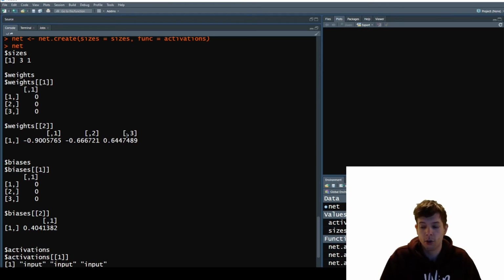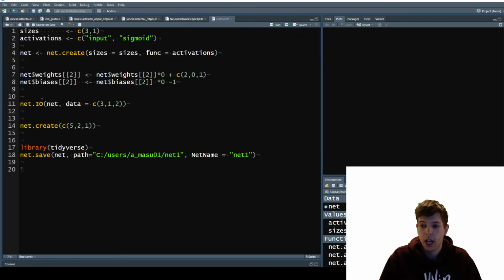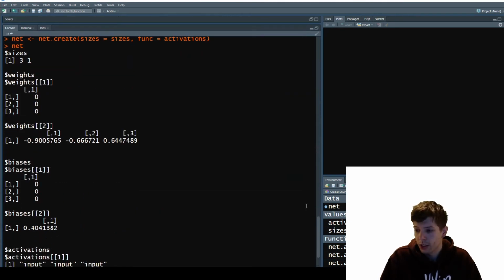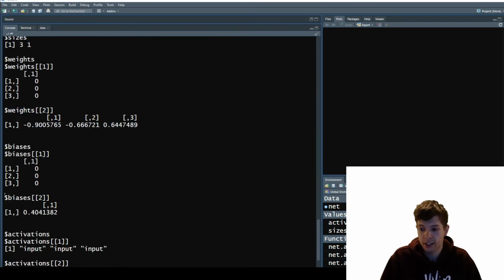Obviously, these are not the weights that we have used in the previous example, so we need to reset them manually. And we can do this by saying that, let's have another look again. We need to set the second layer's weights, so these weights, and the second layer's bias, just a single bias because it is only a single neuron. We need to set those to the bias to -1 and the weights to 2, 0, and 1.